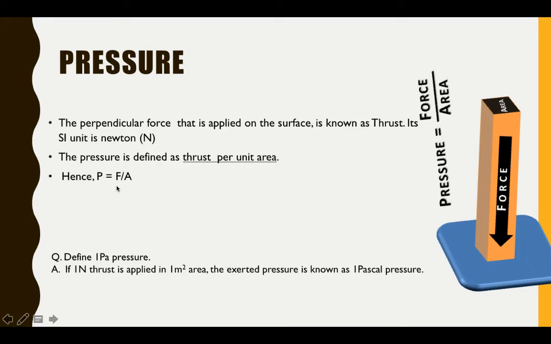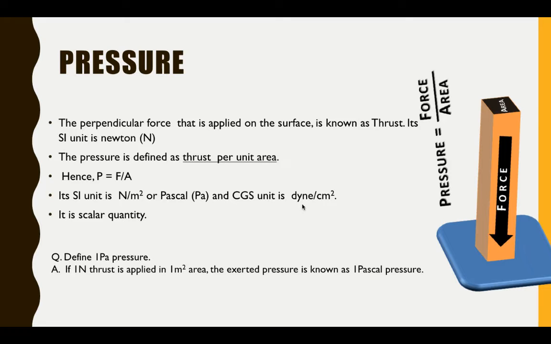So the SI unit is Newton per square meter, or Pascal. The CGS unit of force is dyne and area is square centimeter, so the CGS unit of pressure is dyne per square centimeter. It has only magnitude but no direction, that's why it is a scalar quantity.